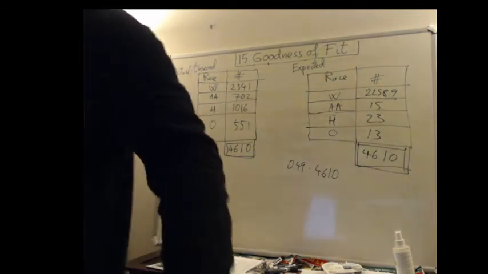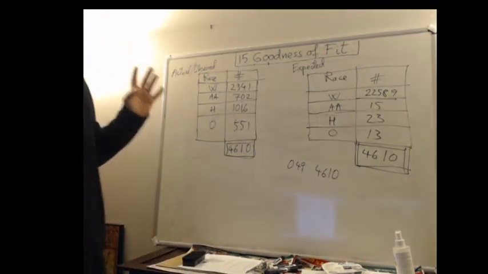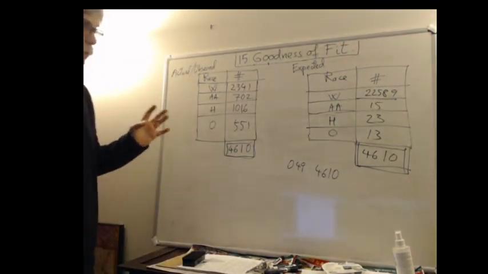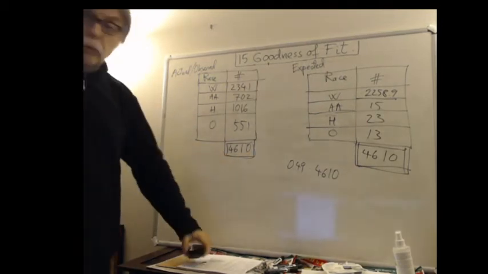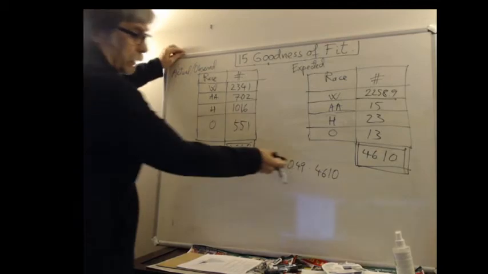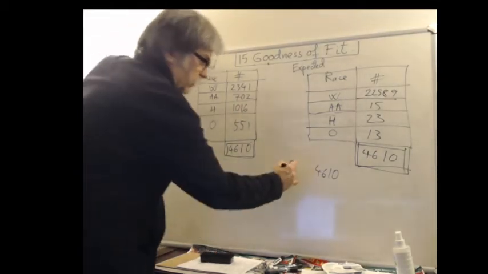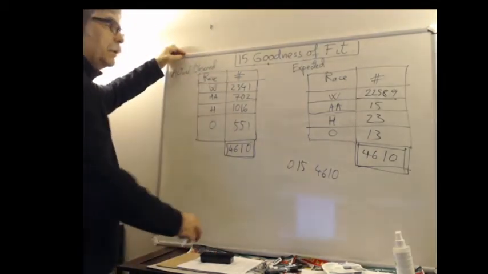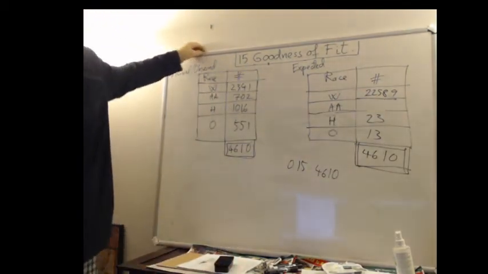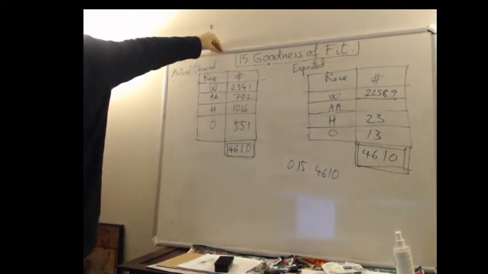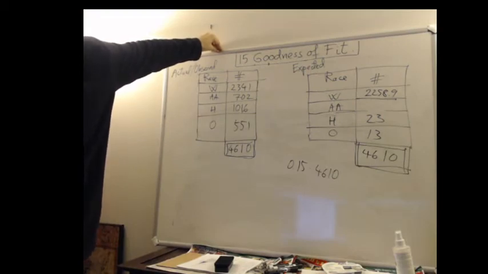Now I have 15% of African Americans, so there will be 15% of the 4,610. Again, multiply this number by 0.15, and I got 691.5.